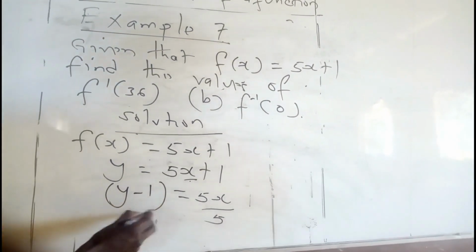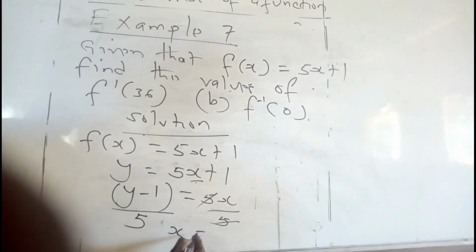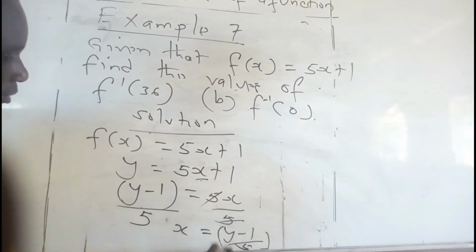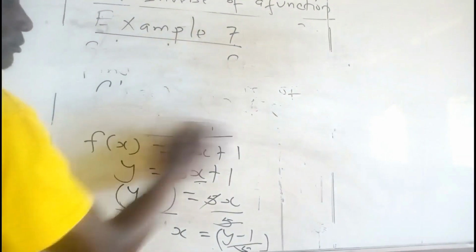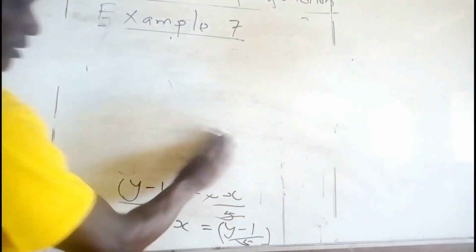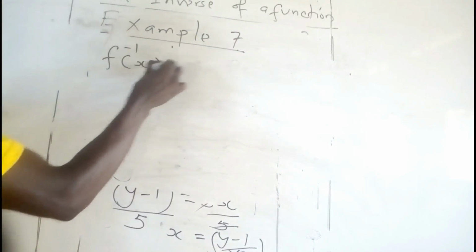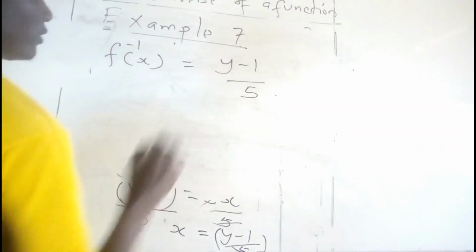Divide both sides by 5, so as to have x is equivalent to y minus 1 all over 5. Then we can write that as our inverse. So our inverse will be f inverse of x is equivalent to y minus 1 all over 5.